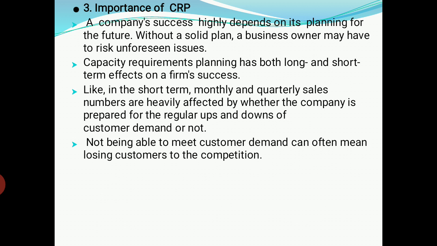Again, not being able to meet customer demand can often mean losing customers to the competition. Naturally, if we plan, we come to know if we have enough capacity to manufacture these many units. If not, then we can plan to get it contracted out, or see whether we can make any drastic changes.